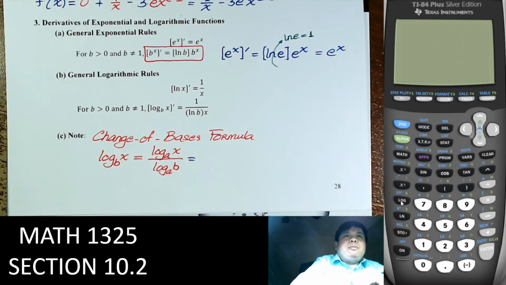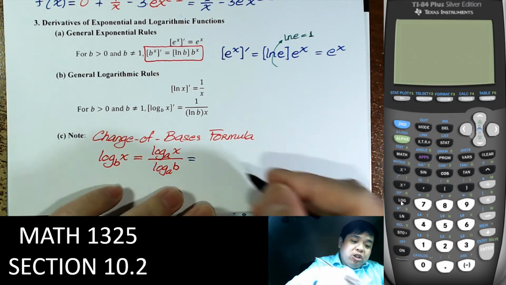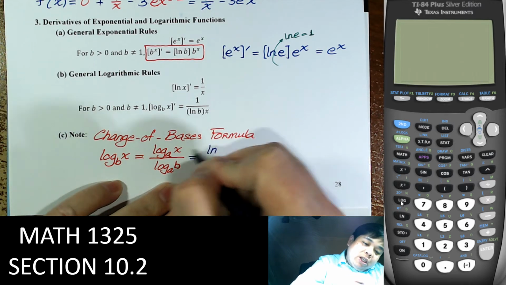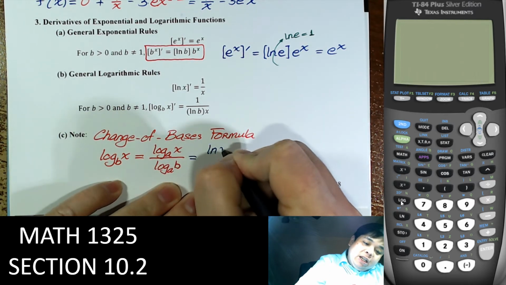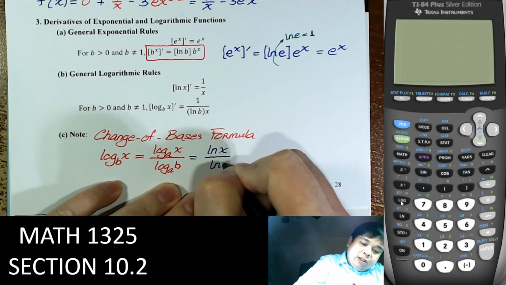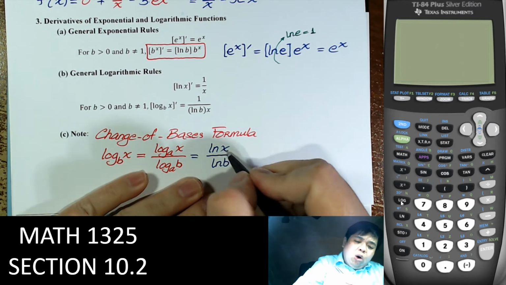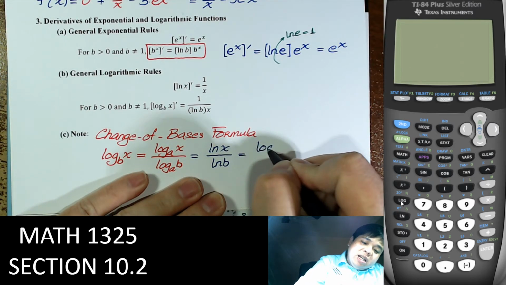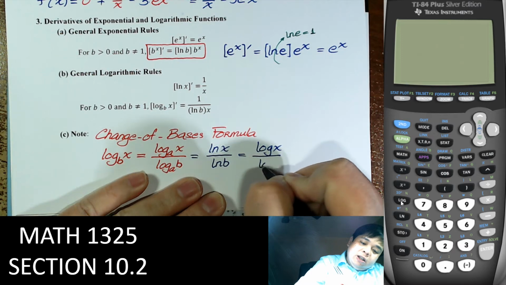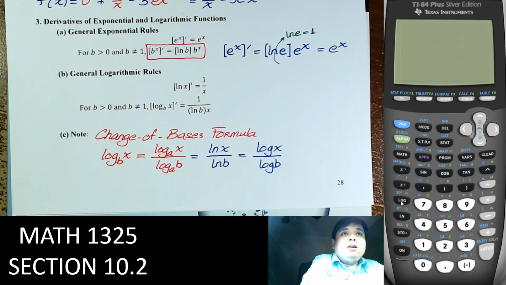Now, of course, if we can choose any base, why don't we just use ln? If we choose a to be base e, then we just have this. Or we can use the common log, base 10, and we have that, right? So that's what we have.